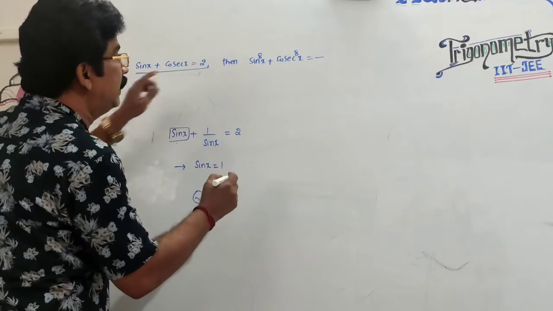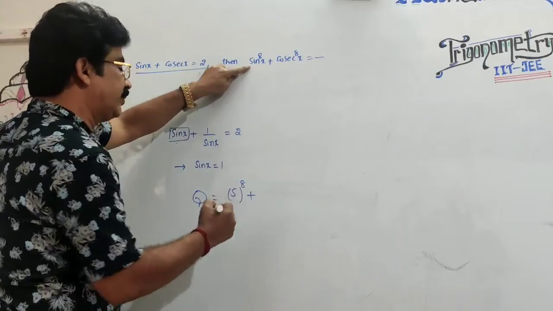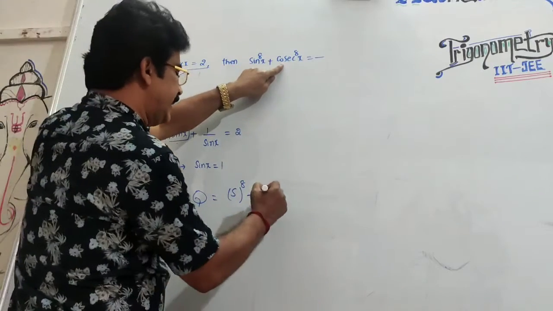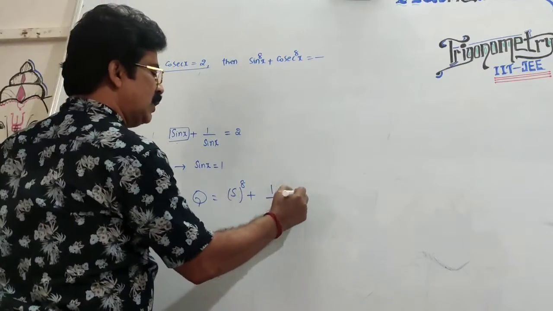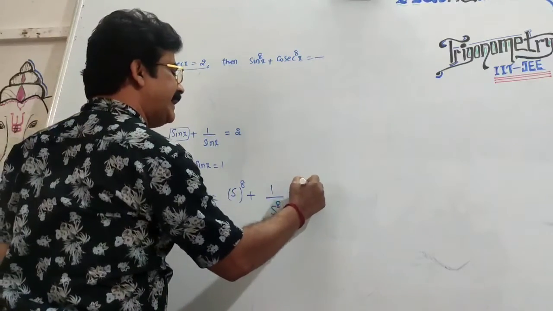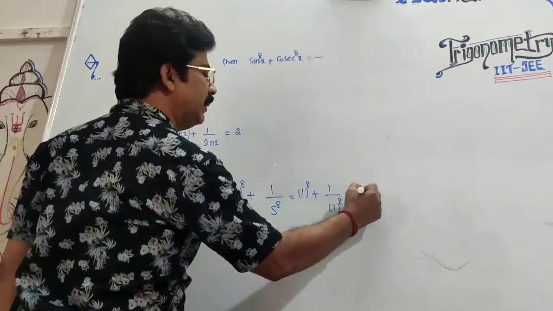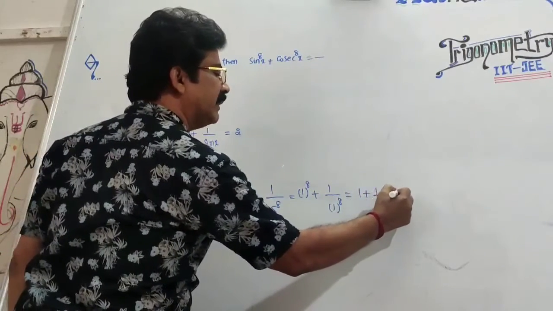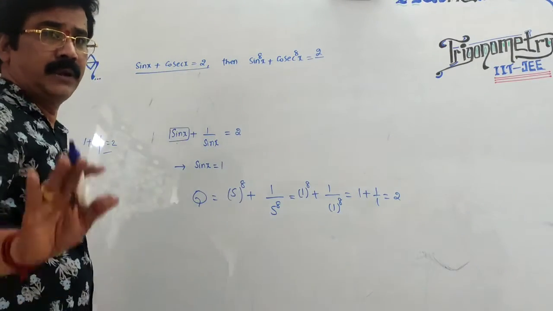What is the question? The question is sin x whole to the power of 8 plus, this can be written as 1 by sin power 8. So it is 1 power 8 plus 1 by 1 power 8, that is equal to 1 plus 1 by 1. It is also 2. Answer is 2. Understand?